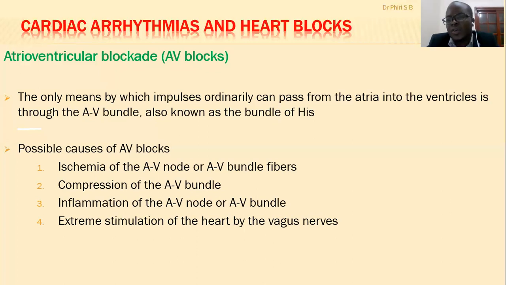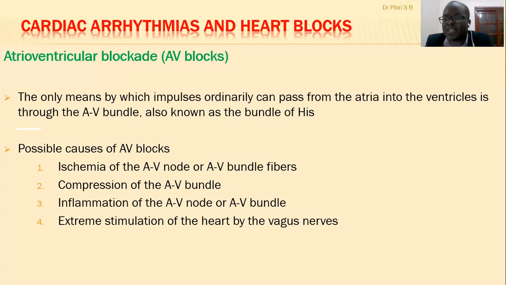This acetylcholine has an effect on the SA node and the AV node. So much stimulation of the vagus nerve will result in production of acetylcholine that will bind to M2 receptors, muscarinic receptors, which are found within the SA node and the AV node.